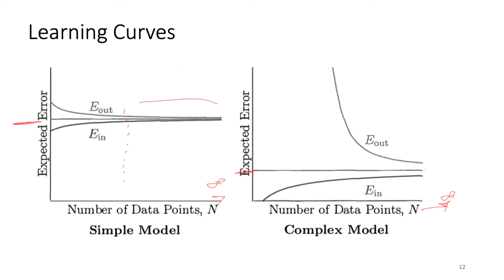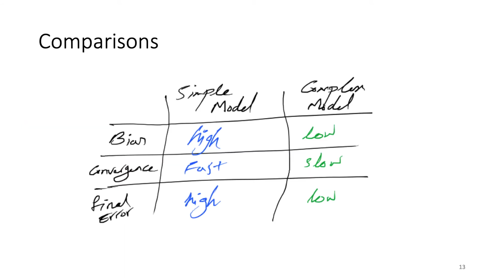Okay, so if you're gonna summarize in a table, I mean, you already knew that. So a simple and complex model, your bias for the simple model is gonna be higher, obviously. Your convergence would be faster, you saw that in the previous case. You need lower number of samples. Your final error would be high.